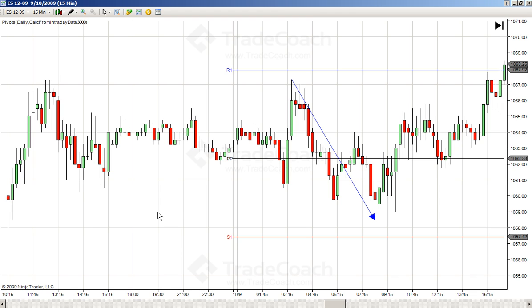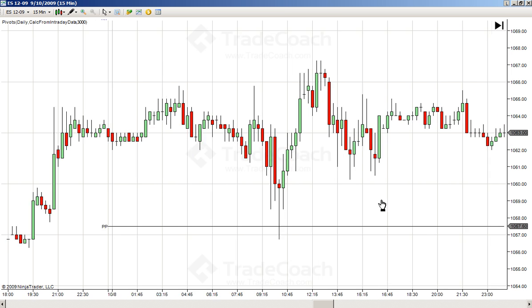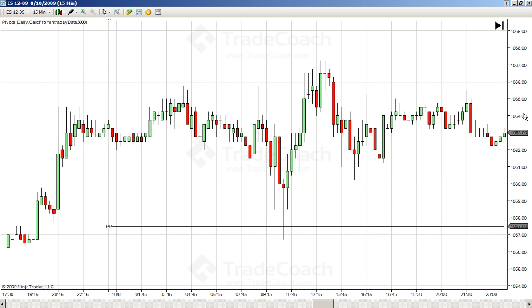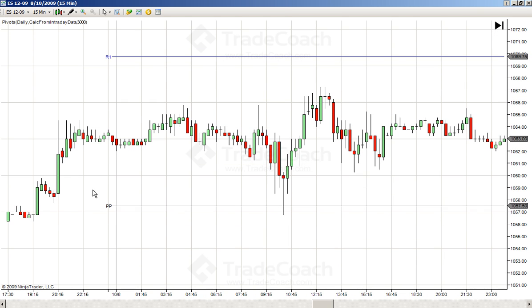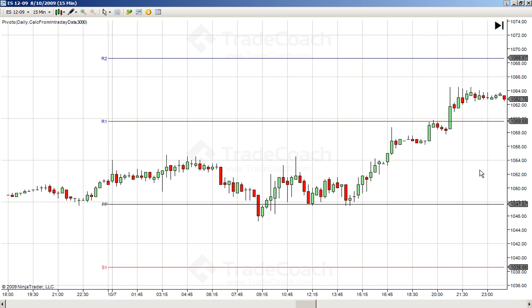Okay, and in modern times things have become a lot more sophisticated, but the simple pivot, it's interesting to see, is there in fact a pattern or not? And that's what we're looking at right now. So here we came up to R1 and bounced away. But also I'm looking at the time of day it did it.